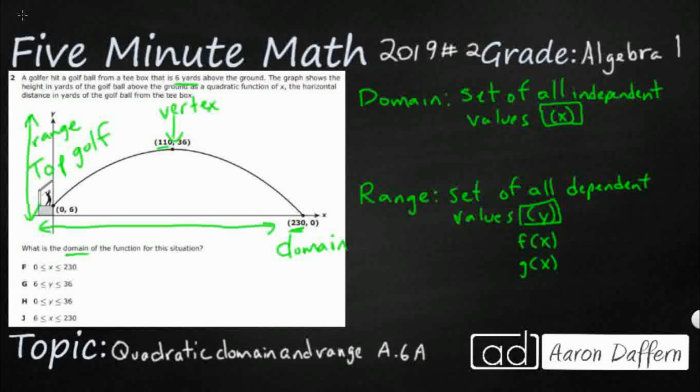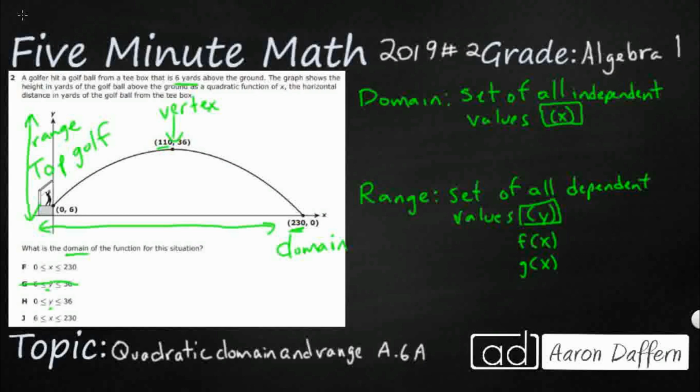So knowing that the domain is the x and the range is the y, we can go ahead and eliminate 2 answers. Because take a look. Look at G and H. They're wanting you to find the set of all numbers that are included in y, and we're literally looking for x.